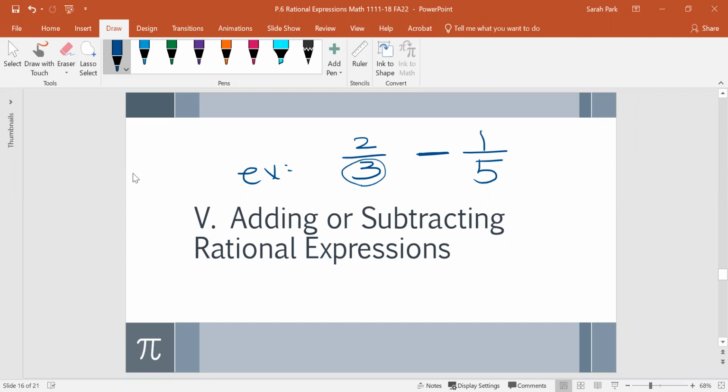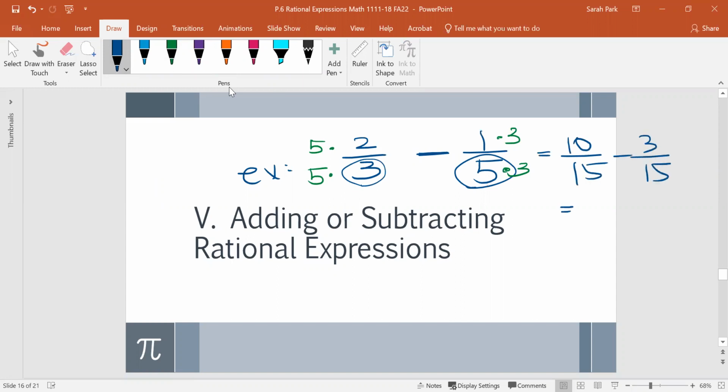When they had different denominators, the way we made them the same was to multiply the 3 by the 5 and the 5 by the 3, and we also had to do the same to the top to keep it equivalent. That gave us 10 over 15 minus 3 over 15. Only after we had this common denominator could we combine it as a simplified fraction. 10 minus 3 gives us 7 over 15.